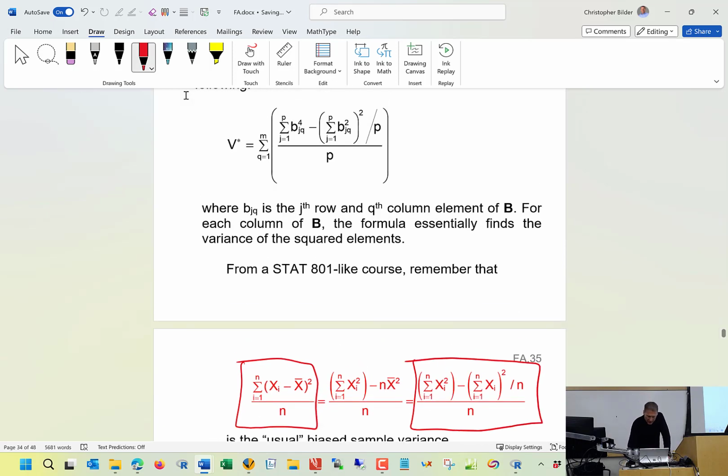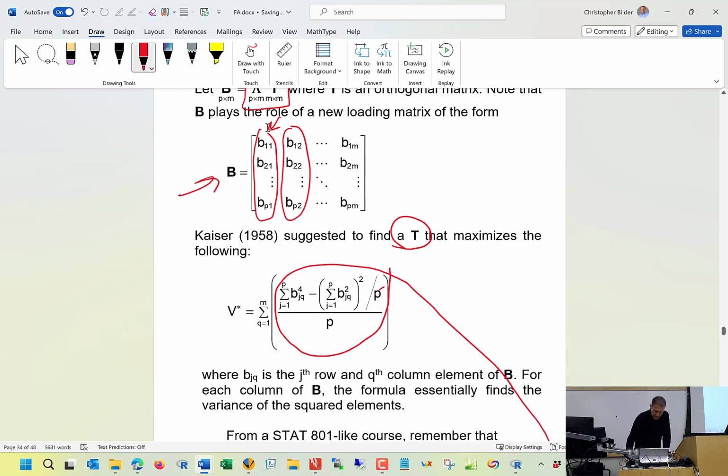Notice how that expression here looks very similar to this expression that's in parentheses. The difference is that the x's now are b squares. Okay? That's the only difference. The p here corresponds to the n that we saw here.